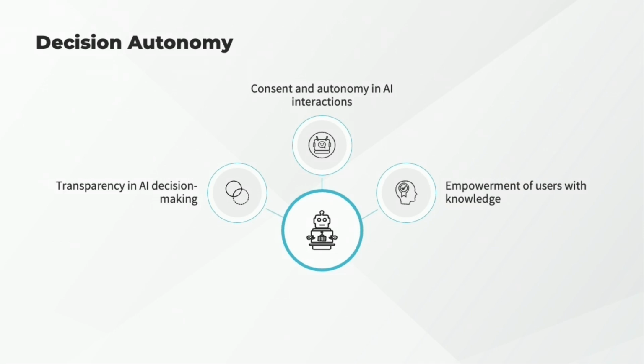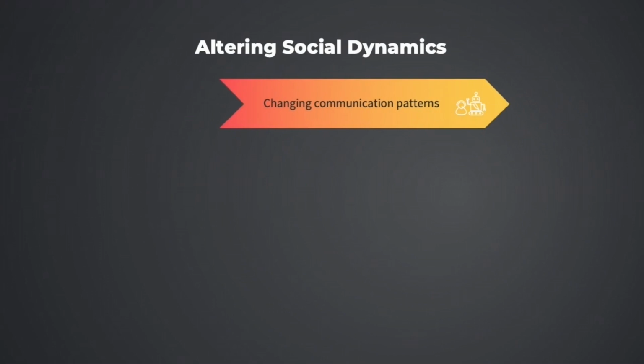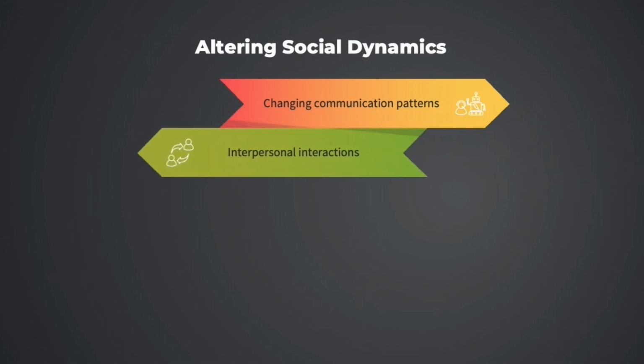Now let's explore the societal impacts of AI, starting with altering social dynamics. AI, particularly in social media algorithms and chatbots, is reshaping how individuals communicate and form relationships. This can lead to a decline in face-to-face interactions and a rise in virtual relationships, impacting social skills and emotional intelligence.